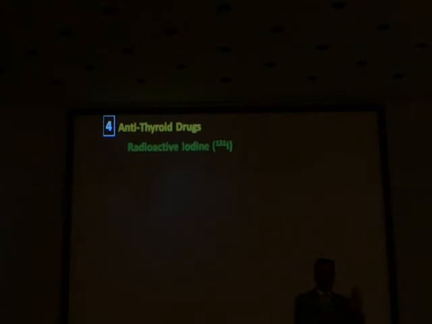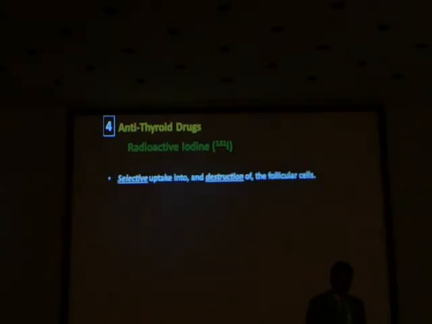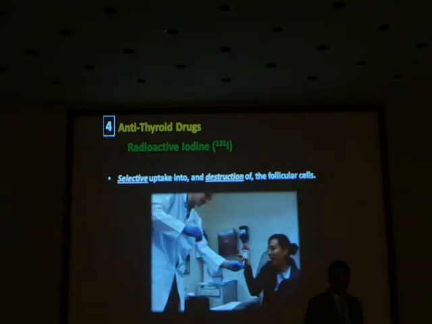Just keep in mind that there is a selective uptake by the thyroid, so whatever you give, it will go to the thyroid, most likely. The other thing is that we are using a radioactive isotope that is killing. Once it gets into the thyroid follicle, it will start destroying it. Beta radioisotopes. This is what happens: selective uptake and destruction of the follicle.